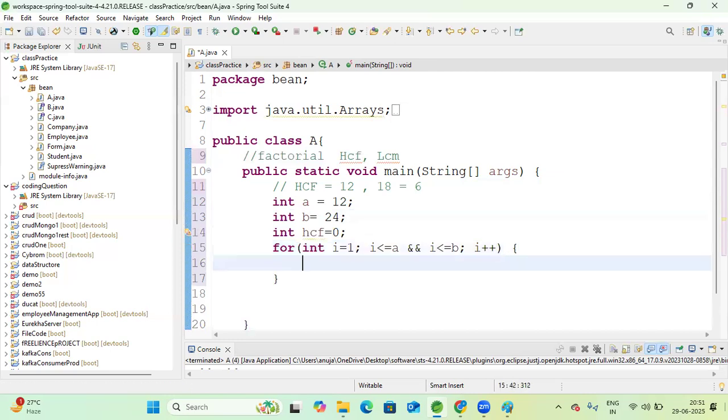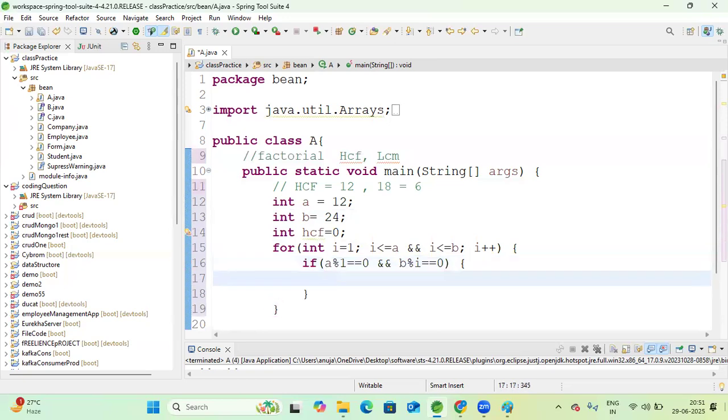Then I write the condition: if A modulus i equal to 0 and B modulus i equal to 0, then HCF equal to i.